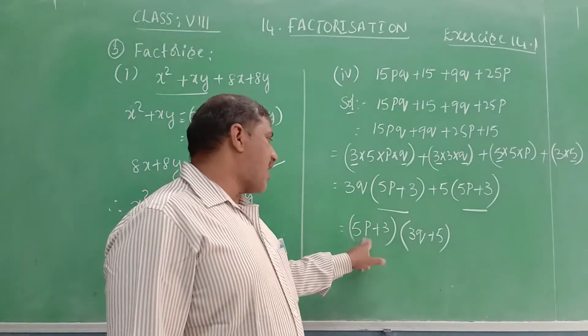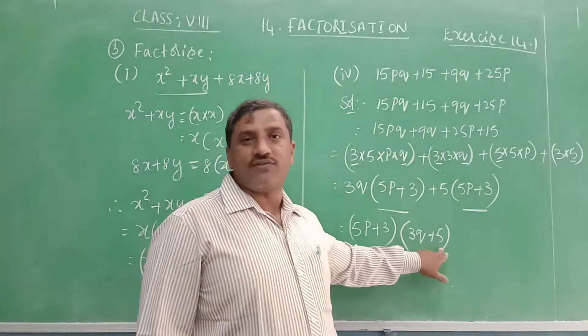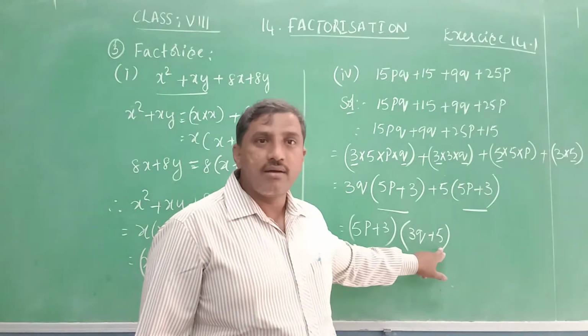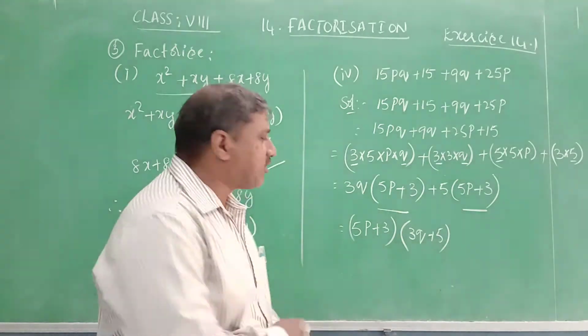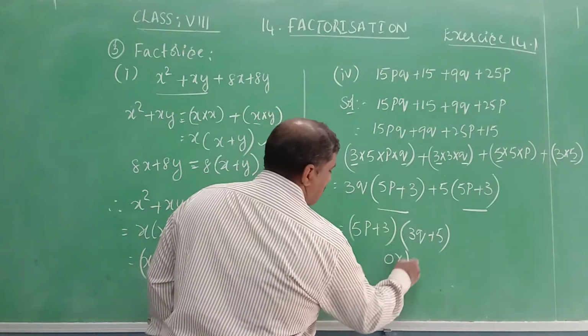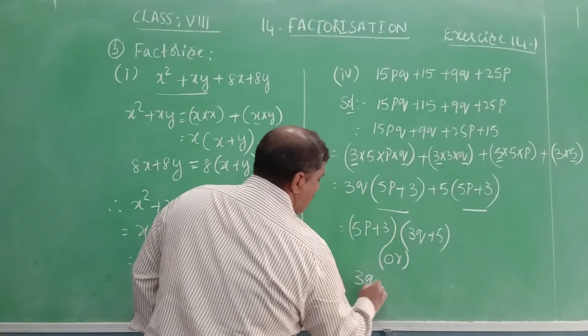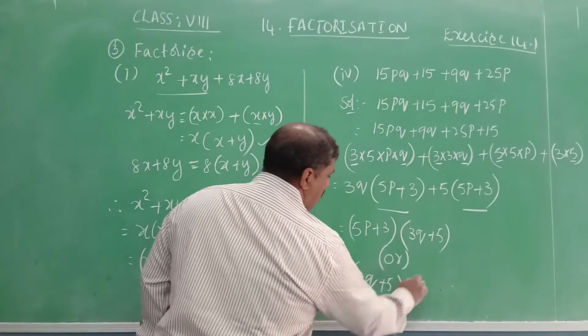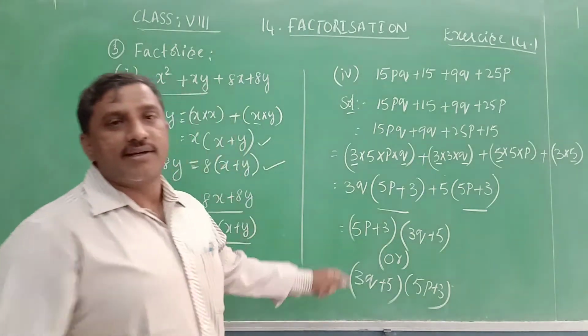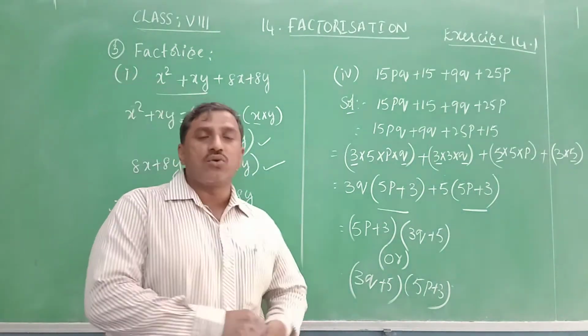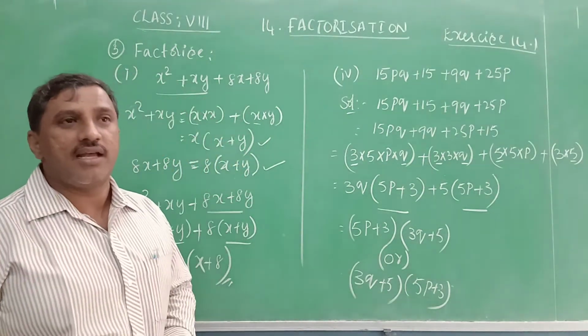That is 5p plus 3 into 3q plus 5, or 3q plus 5 into 5p plus 3. Both are the same. Is it clear, children, how to factorize by regrouping the terms?